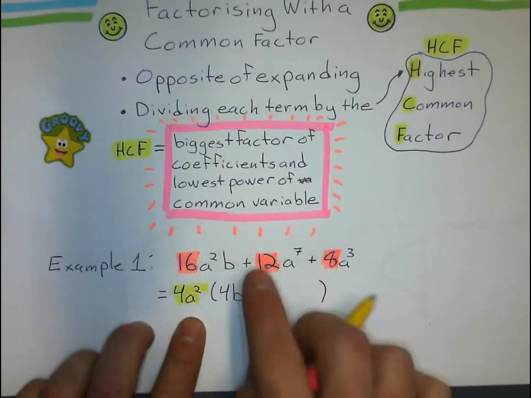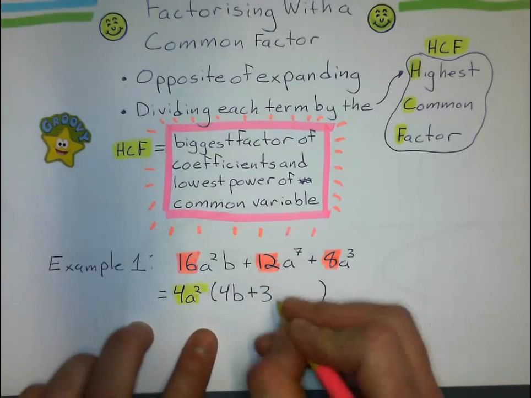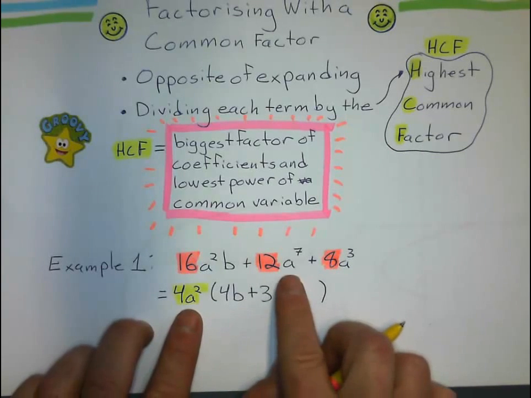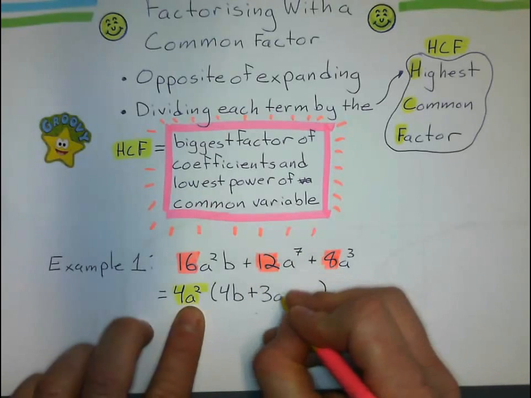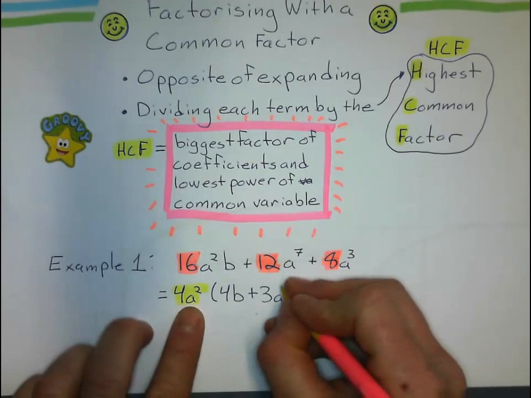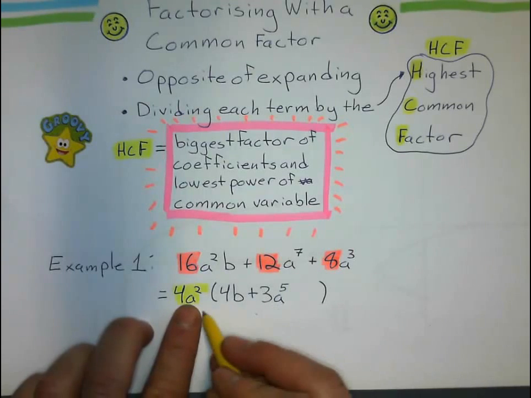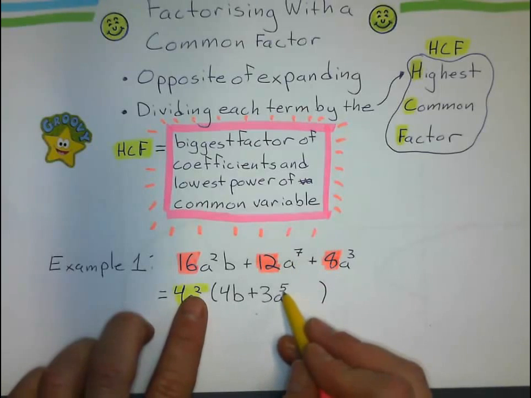And I just do that for each term. 4 times what gives me that 12? 3. And how many more a's do I need to get a to the 7? Now remember, when we multiply exponents, we add them. So that's a to the 5th, because a squared times a to the 5th is a to the 7. 2 plus 5 is 7. That's how that shortcut works.